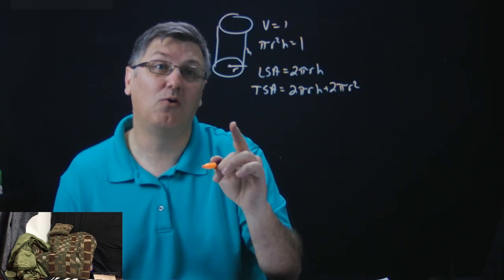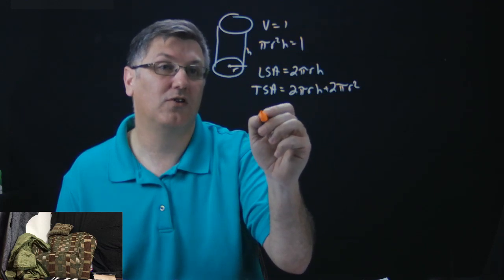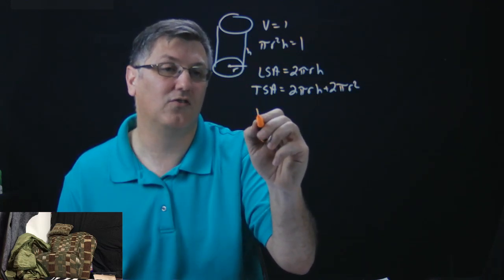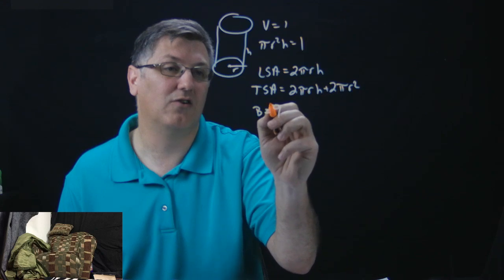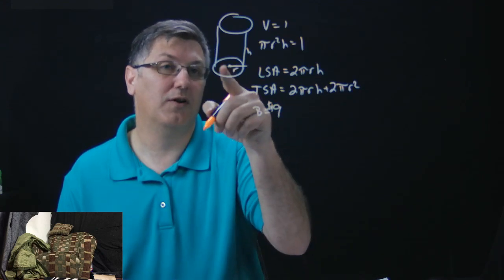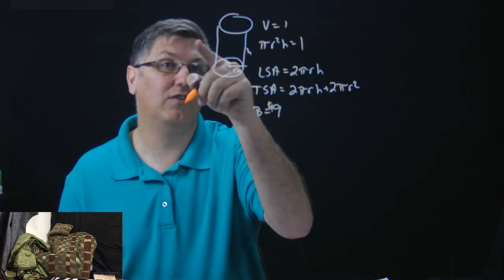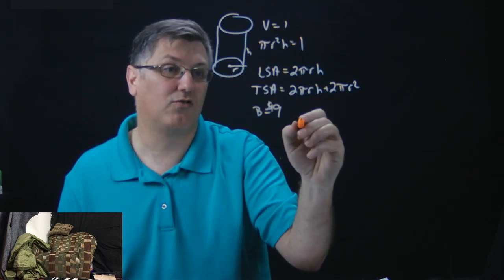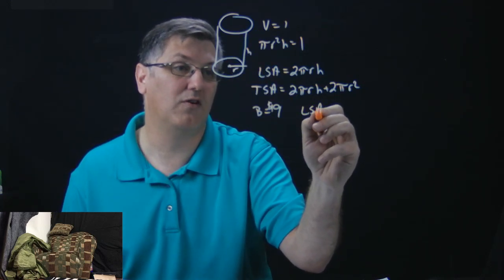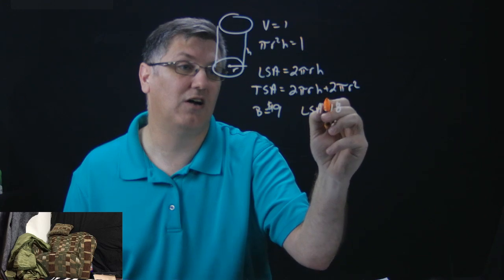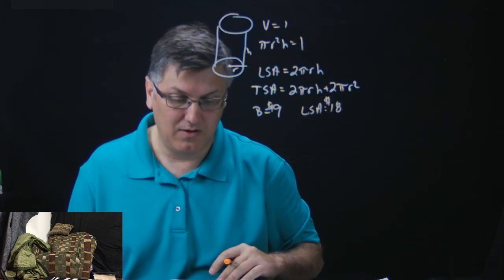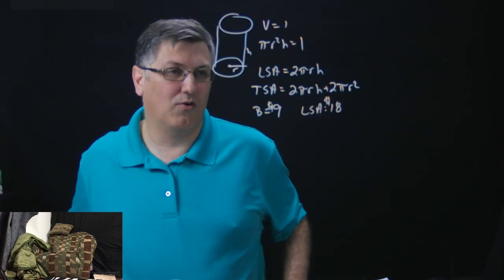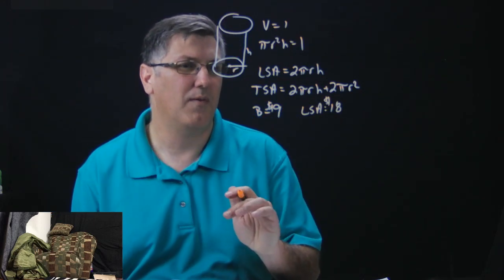Then he's actually told the circular part, so the bases, cost $9 per square inch for the base, and then the edges, my lateral surface area part, costs $18 per square inch, or per square meter, whatever it was. The units don't really matter.